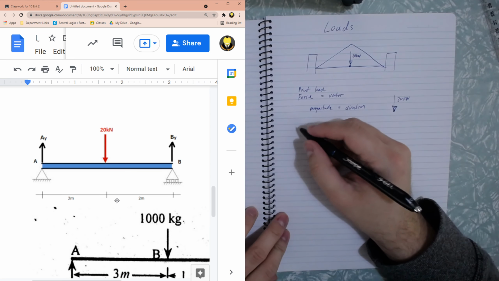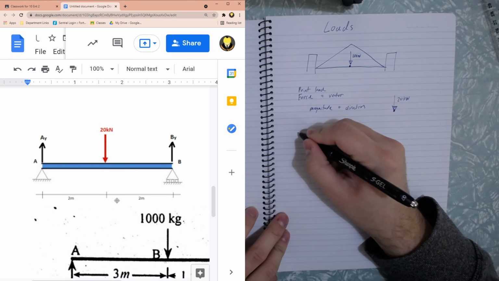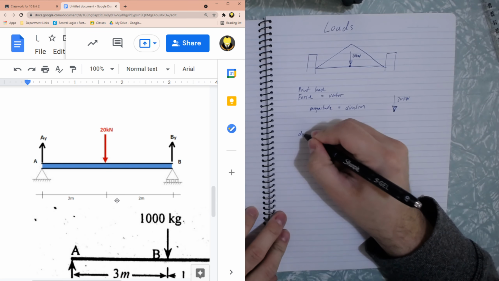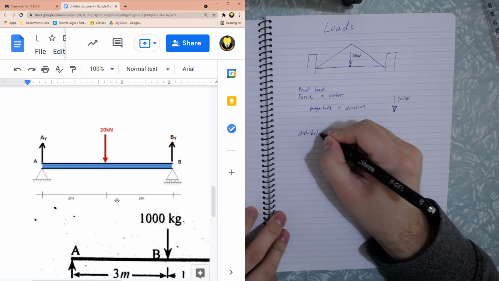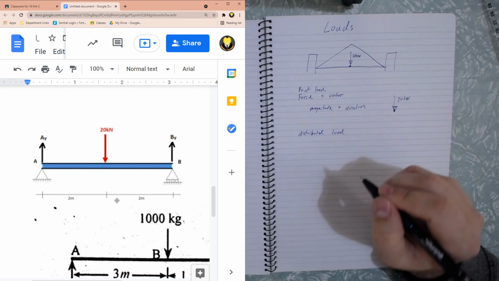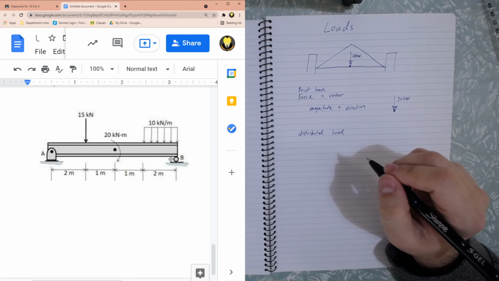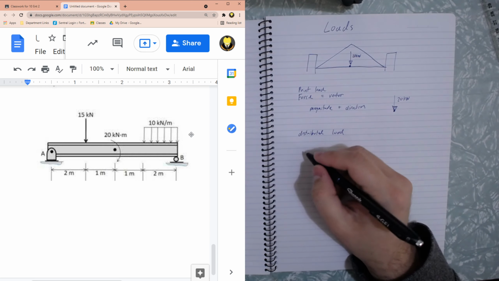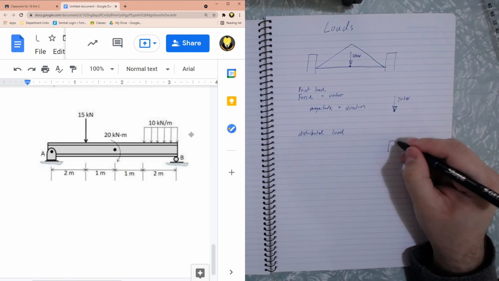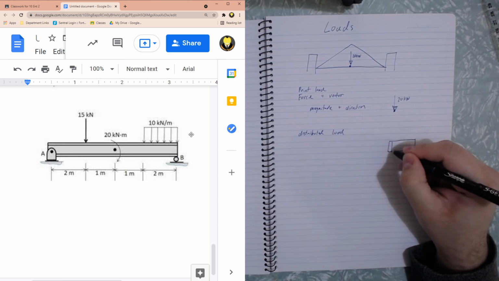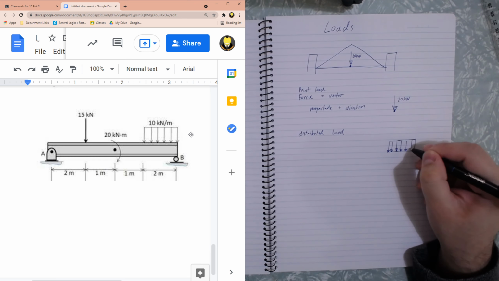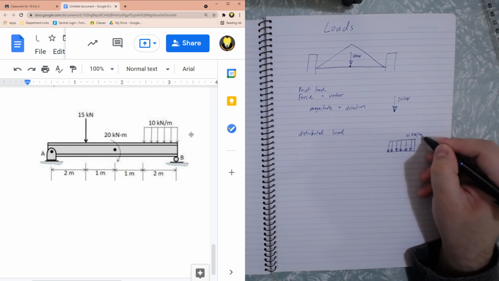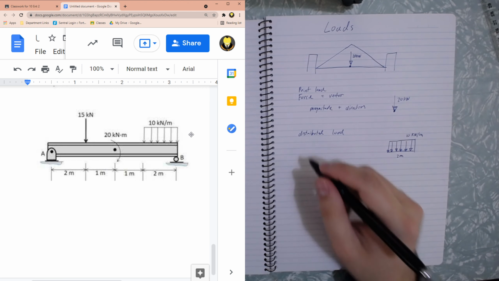The next type of load that we have is what we call a distributed load. A distributed load, which is this one over here. So you have a distributed load which looks like this, and a distributed load has these elements.